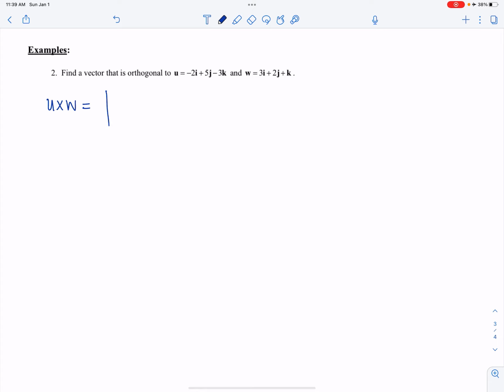And we set that up like we did in the last example: i, j, k. U is negative 2i, 5j, negative 3k. W is 3i, 2j, 1k.